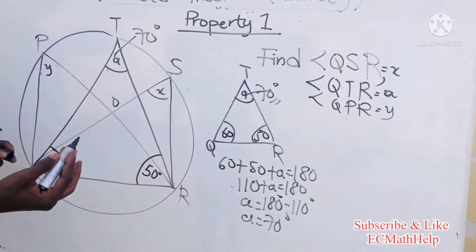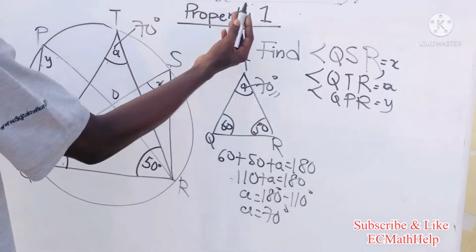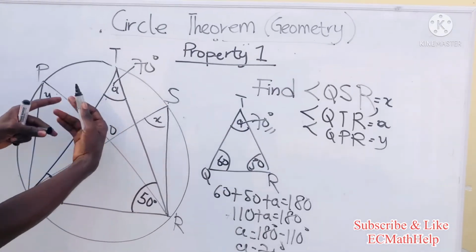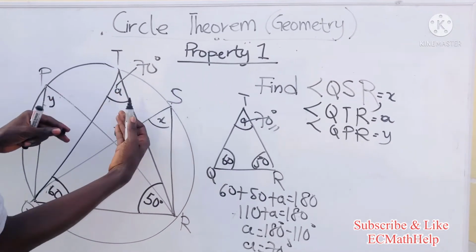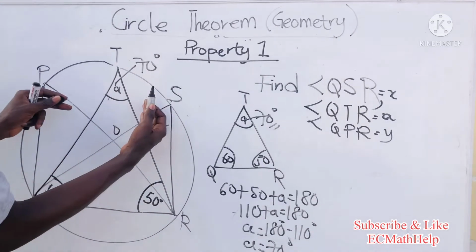But we know that from property 1, the angles a chord or an arc subtends to the circumference of a circle in the same segment are always equal.